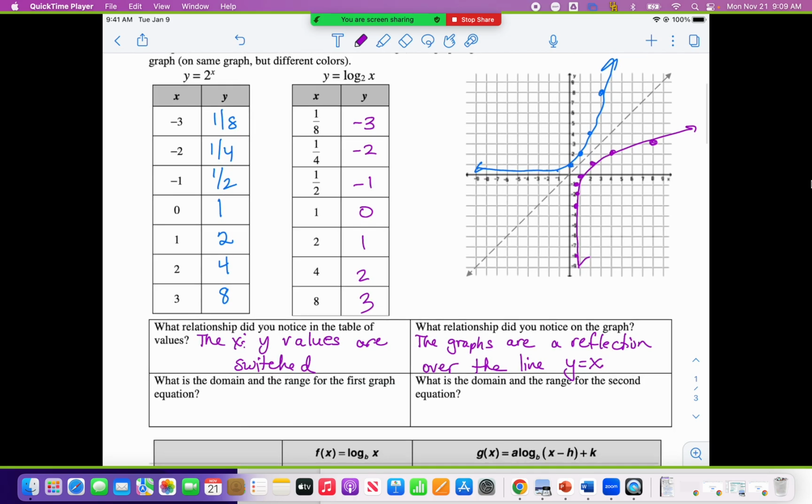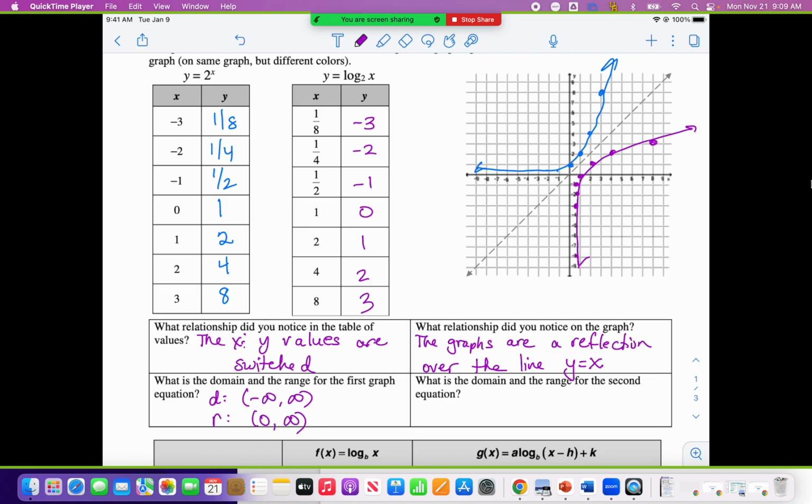All right, so what is the domain of y equals 2 to the x? Avery, what'd you write down? That is correct, because the graph goes left forever and right forever. All right, then Max, what did you write down for your range for y equals 2 to the x? Good job, 0 to infinity.